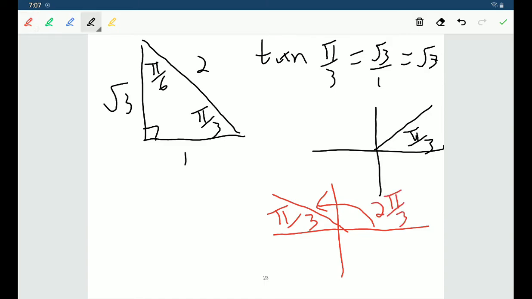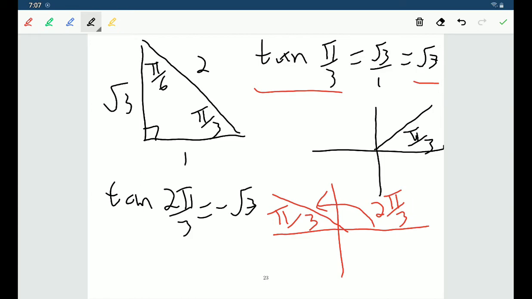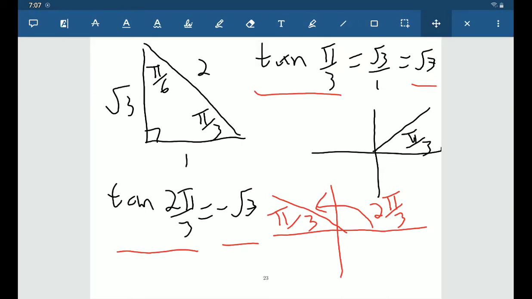So we had one fact, which was that tangent of pi over 3 was root of 3, so pi over 3 was one solution. We also know tangent of 2 pi over 3 is negative root of 3, so that means 2 pi over 3 is another solution.